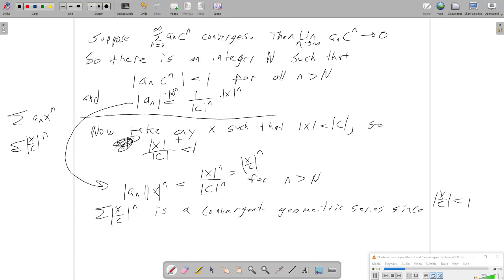We said that just right there. And remember, geometric series converge when their common ratio is less than 1 in absolute value. So the sum of a sub n x to the n in absolute value is convergent by the comparison test.